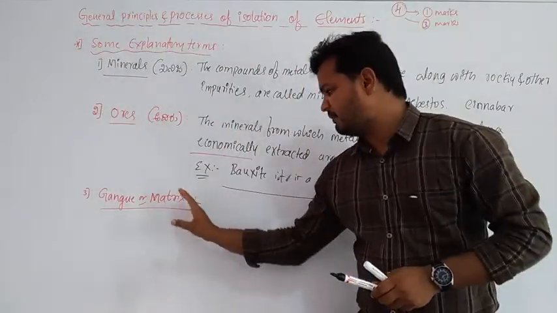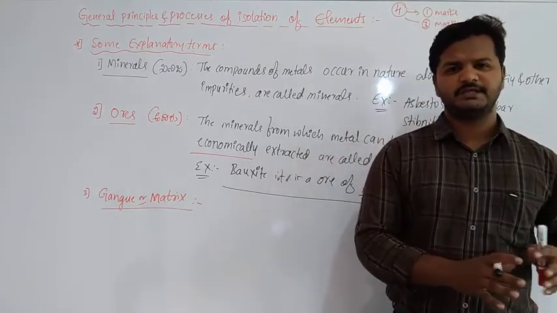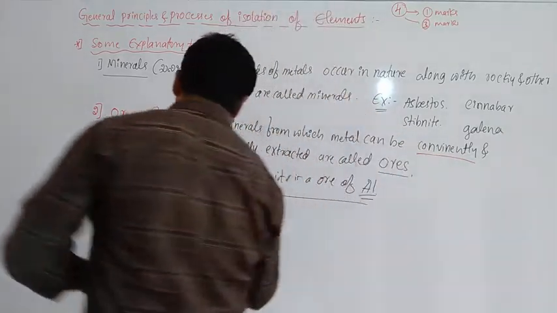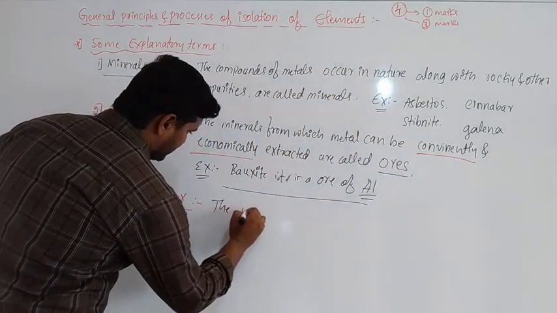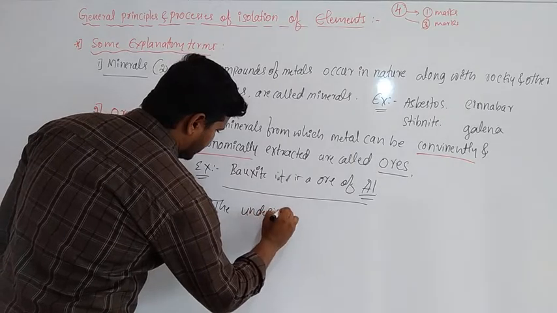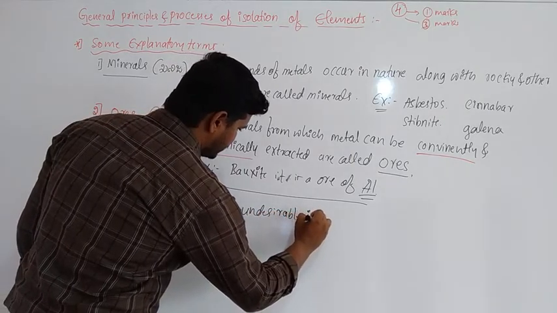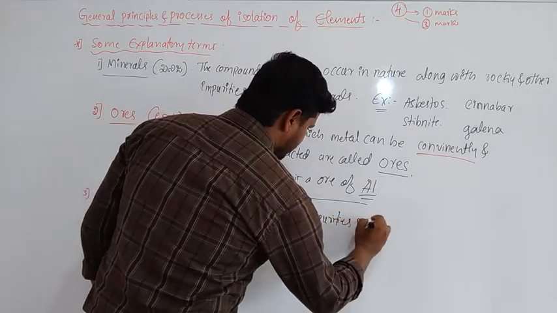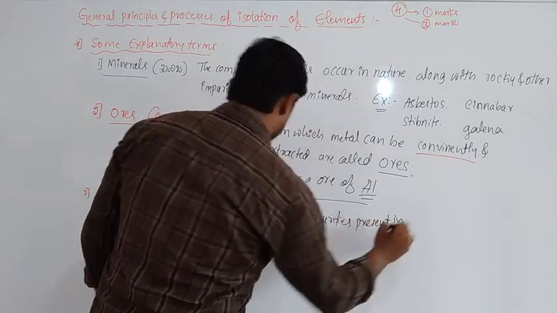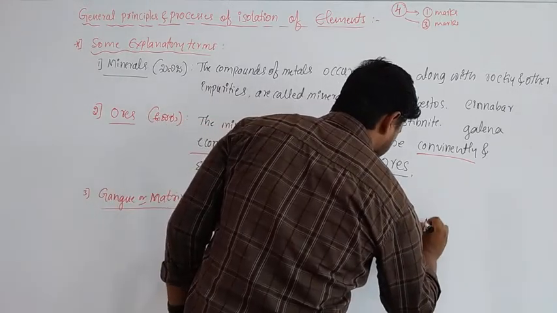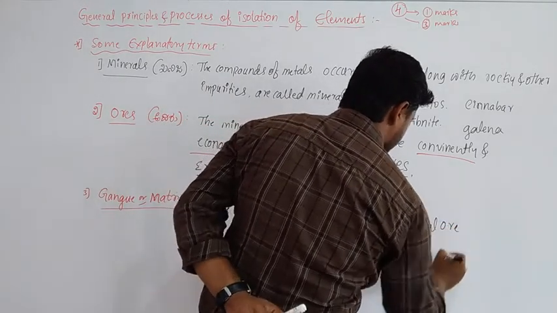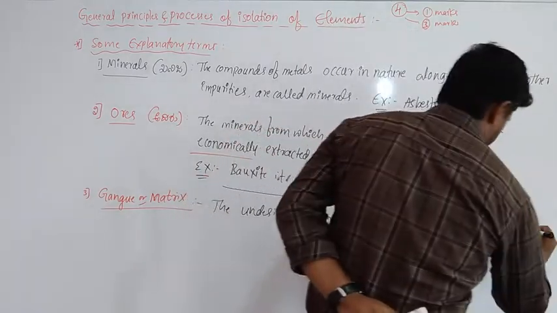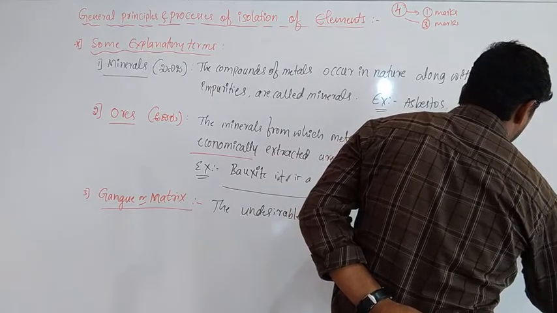So the gang or matrix means undesirable impurities present in a metal ore are called a gang or a matrix. Definition: the undesirable impurities present in metal ore are called gang or matrix.